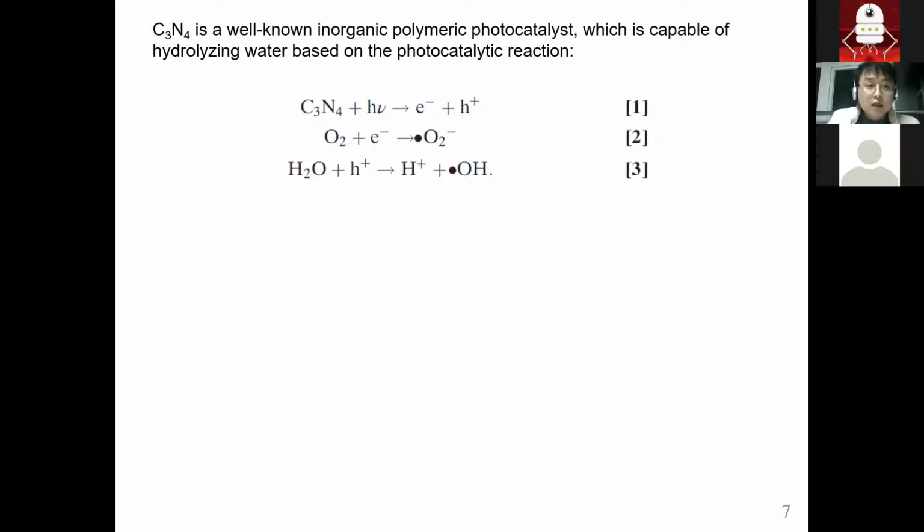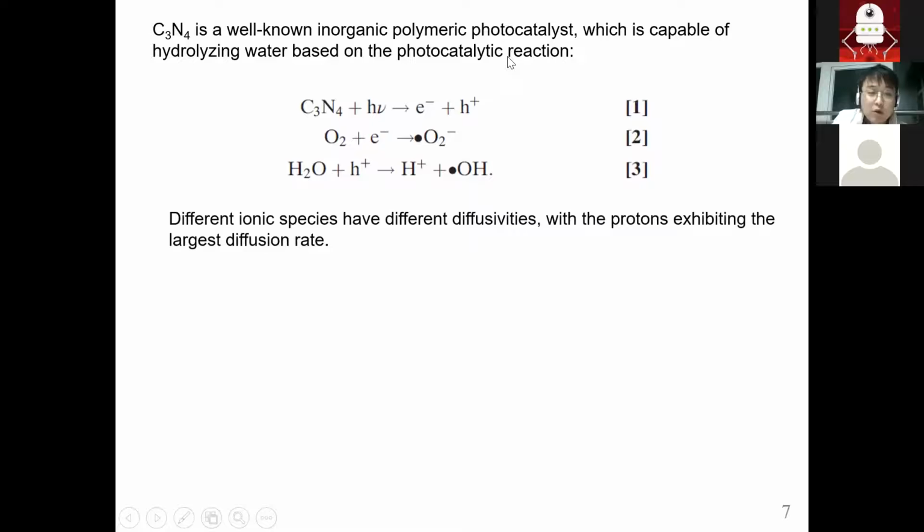Under the irradiation, charge separation occurs in carbon nitride. Carbon nitride is a well-known polymeric photocatalyst, which is capable of splitting water based on the photocatalytic reaction. In this equation 1, the electrons are injected into the polypyrrole nanoparticle.